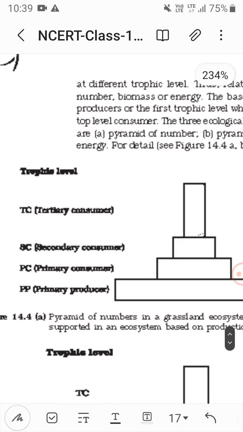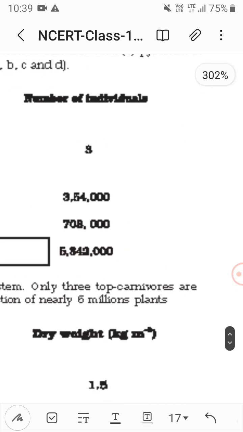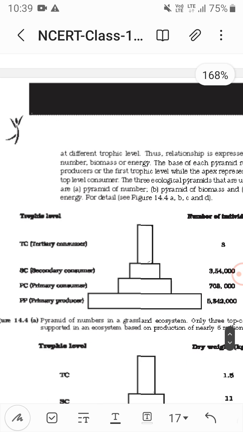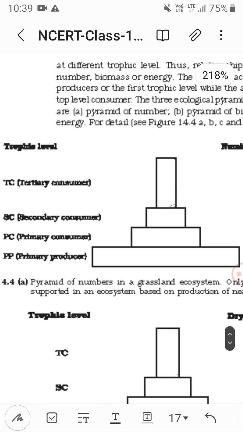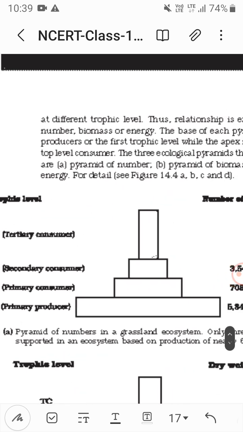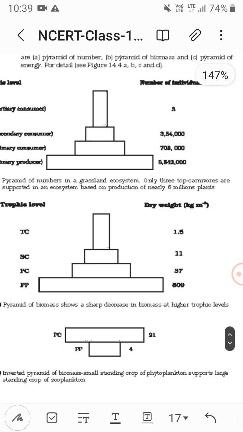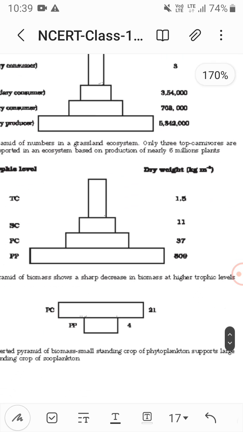They get fed on by the secondary consumers, and they get fed on by the tertiary consumers. You see in the diagram, only 3 top carnivores are there. PP, PC, SC, and then TC, the number of individuals. So this is the pyramid of numbers in a grassland ecosystem.